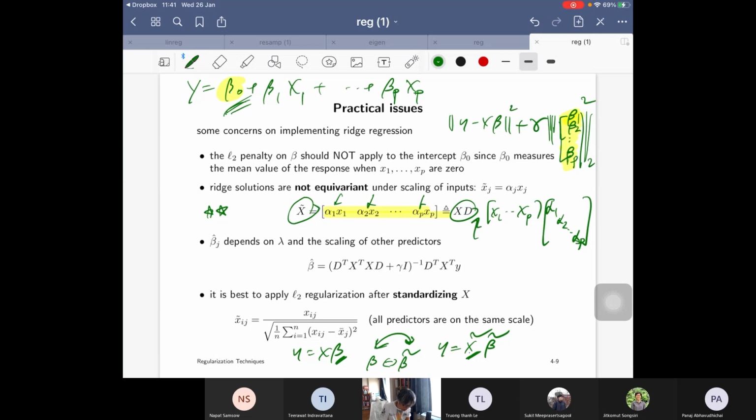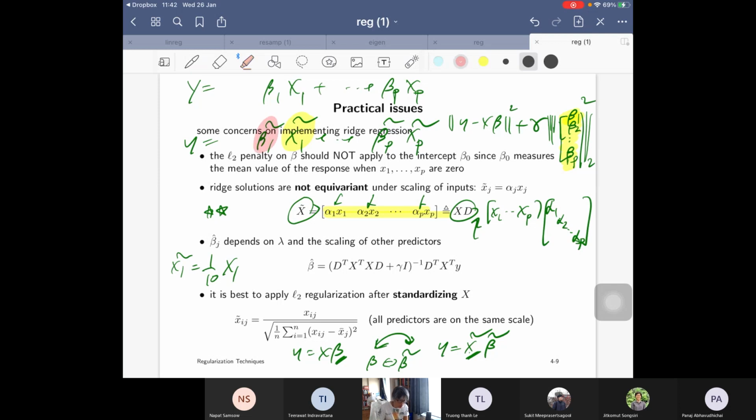For the next model, I'm going to get rid of the intercept term. For example, if my x1 tilde is a predictor that is scaled down by a factor of 10, what would be the relation between beta 1 tilde and beta 1?